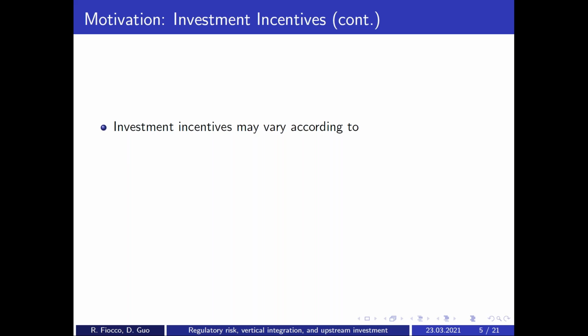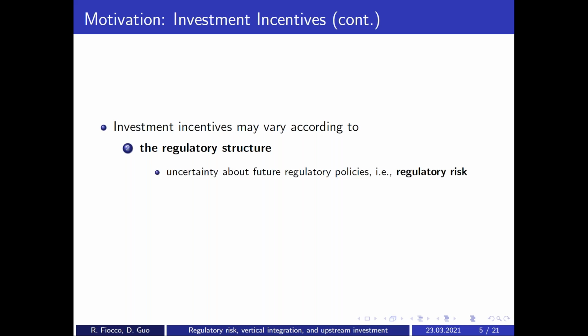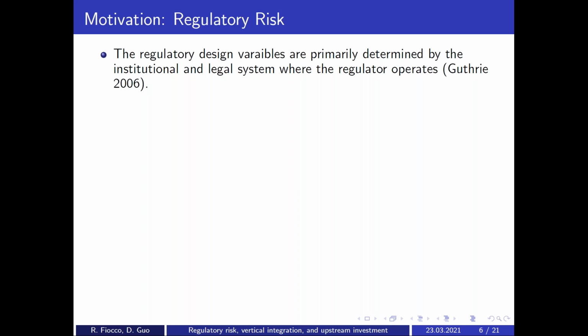Because the essential facility exhibits the feature of natural monopoly, the upstream firm that controls the facility is usually subjected to regulatory intervention. Therefore, the regulatory structure also plays a role in investment incentives. The uncertainty about future regulatory policies is known as regulatory risk, which is one of the main business risks for firms. The regulatory risks have been explicitly recognized in the law and business world.